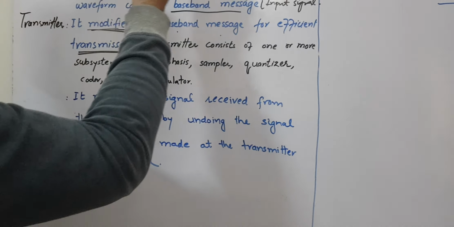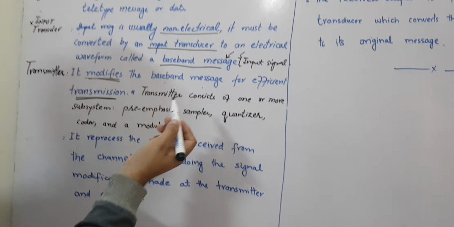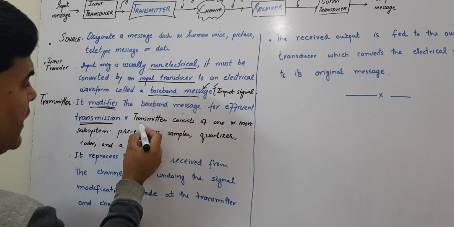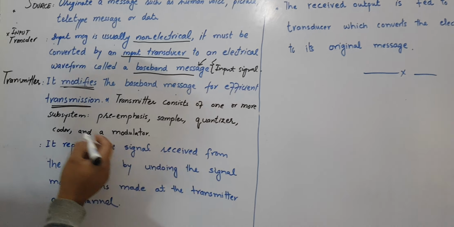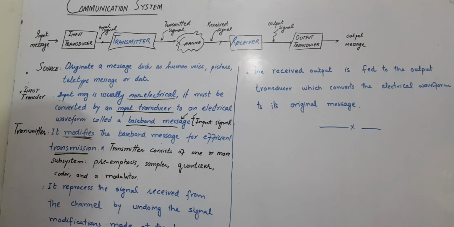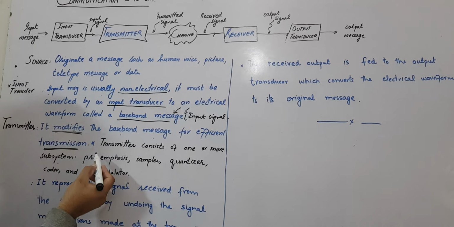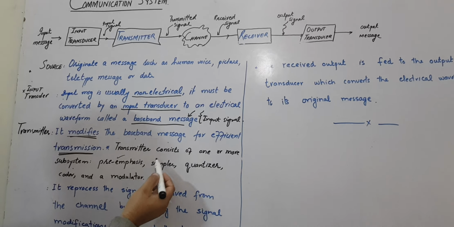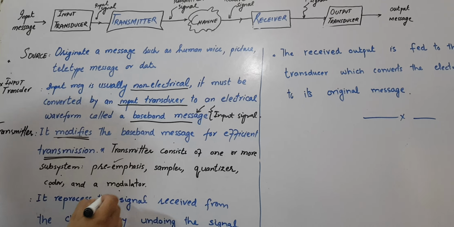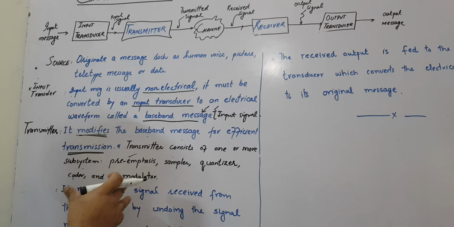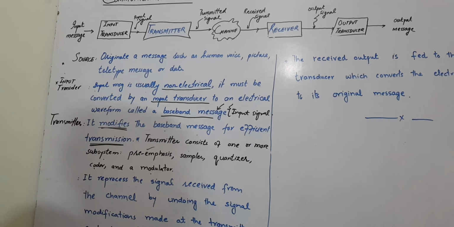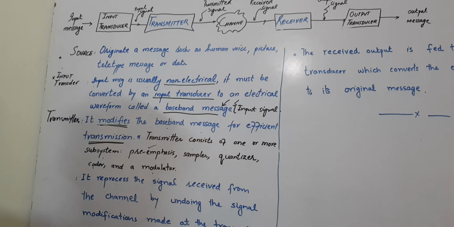That is why the transmitter modifies the message for efficient transmission over a long distance. The transmitter basically consists of one or more subsystems which are not shown in this basic block diagram. These can be pre-emphasis, sampler, quantizer, coder and modulator. We will discuss all these blocks in full detail in our incoming lectures.